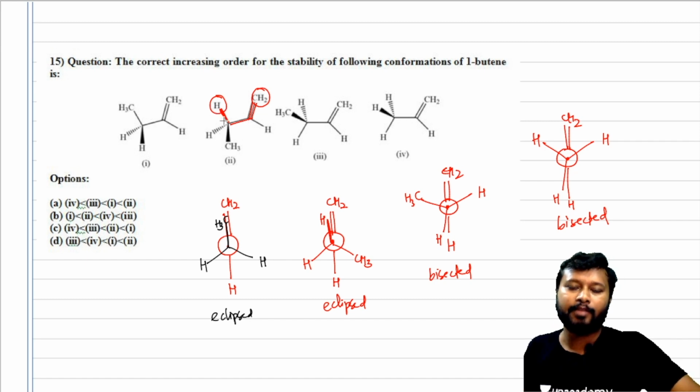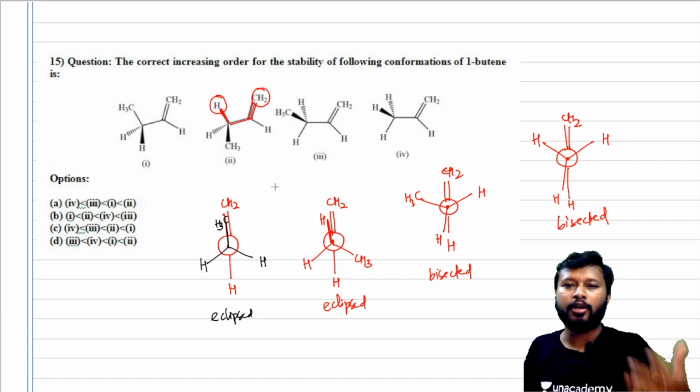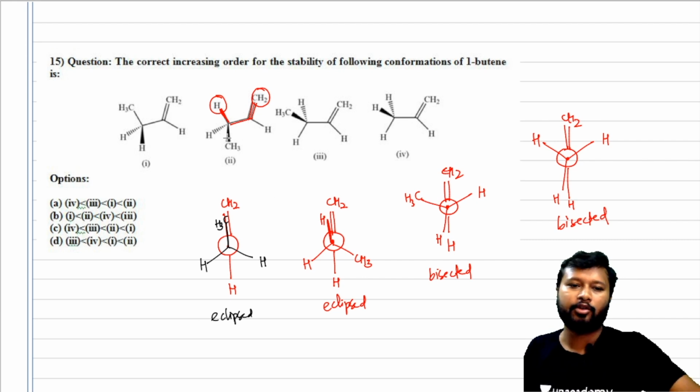That is because the sigma electrons of this carbon-hydrogen bond are in the same plane as the pi anti-bonding orbital of this C double bond. I can explain this by drawing the orbitals, but I hope you have understood. If you want it in more detail, I'll make a separate video on it. So that means the second one becomes most stable among all.